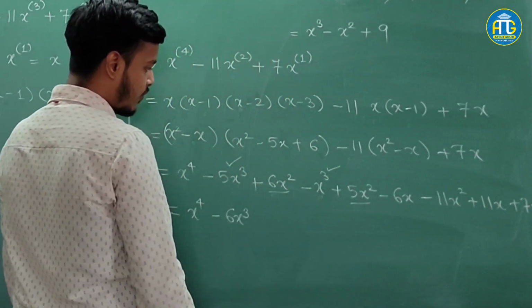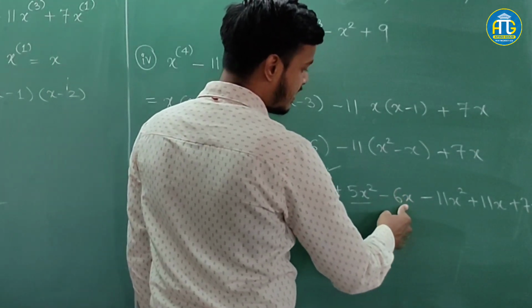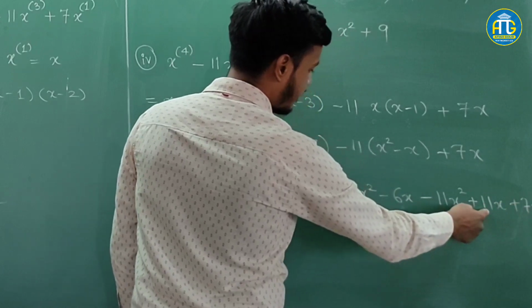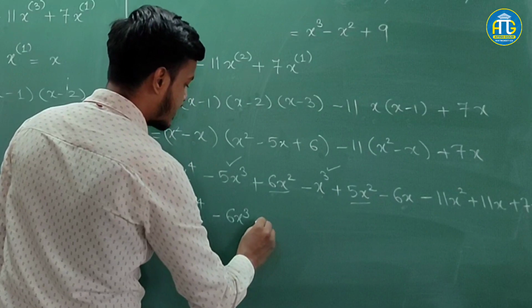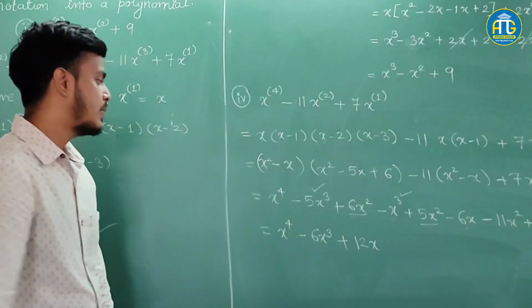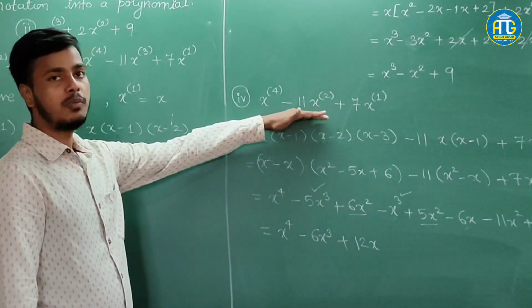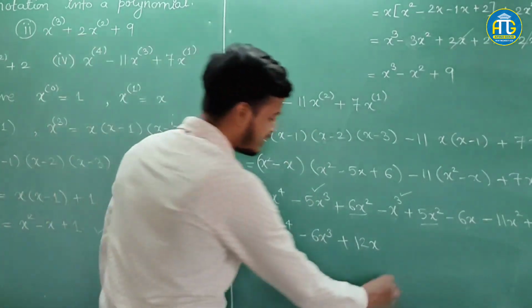Then look for the terms of x: minus 6 plus 7 is 1, plus 11, 12. So this is plus 12x. So this is how we convert a polynomial in factorial notation into a polynomial.